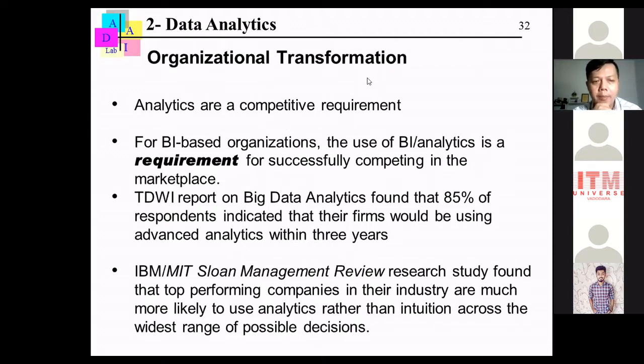An IBM and MIT Sloan Management Review research study found that the top performing companies in this industry are much more likely to use analytics rather than intuition across the widest range of possible decisions.